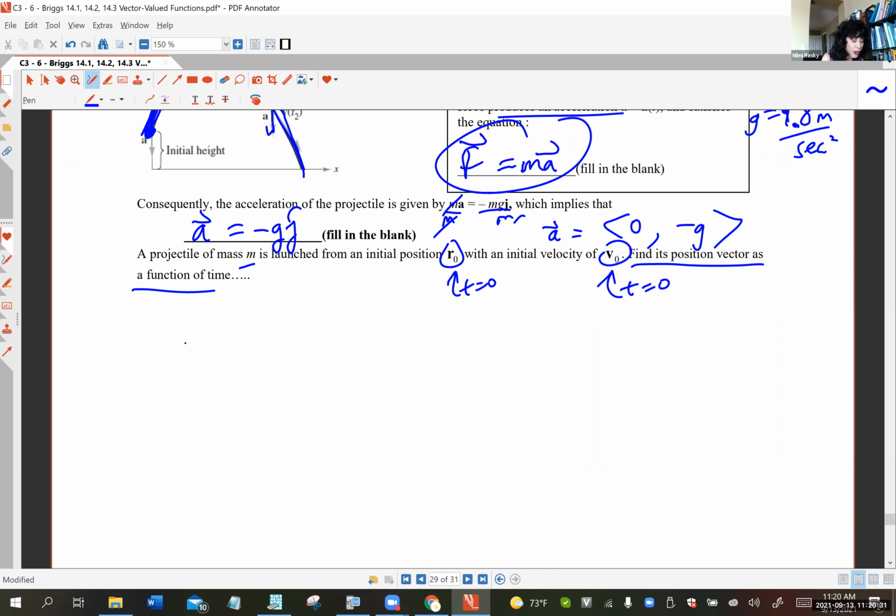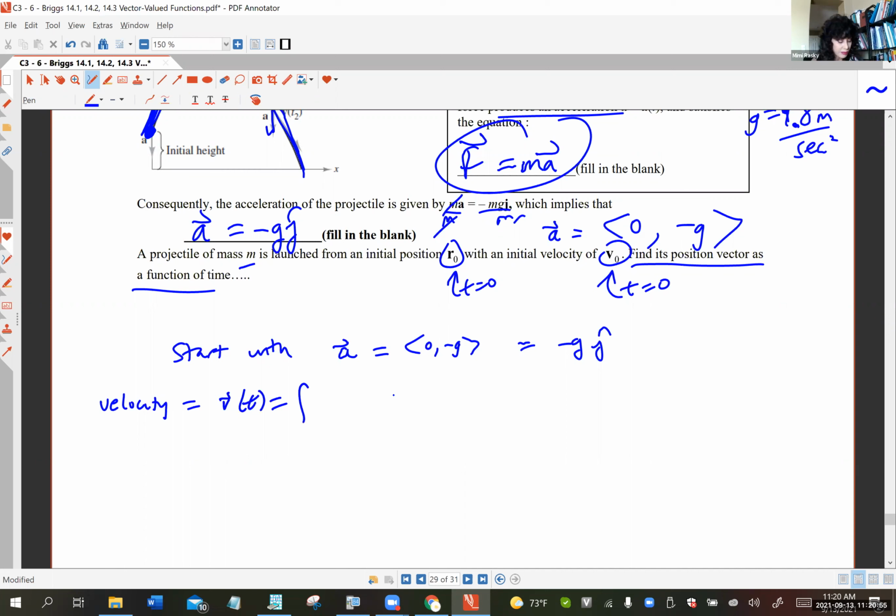So we start with acceleration, which is basically r double prime. So that is going to be 0, negative g. Or we could just write negative g j hat, same thing. So what are we saying? We're saying velocity, we'll call it v of t, is going to be the integral of a of t, dt.